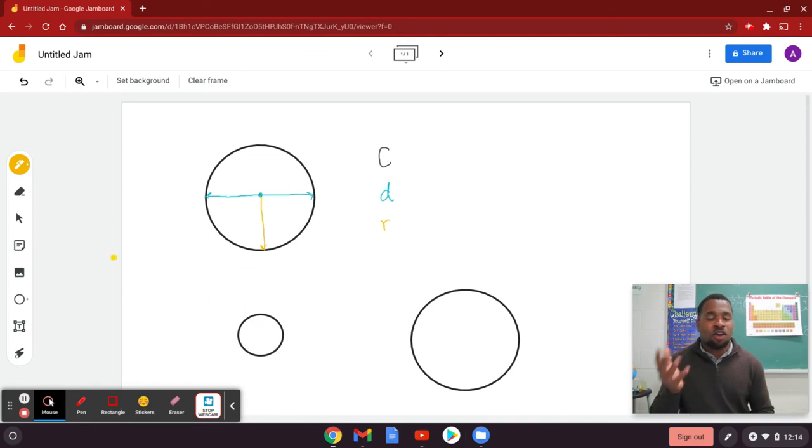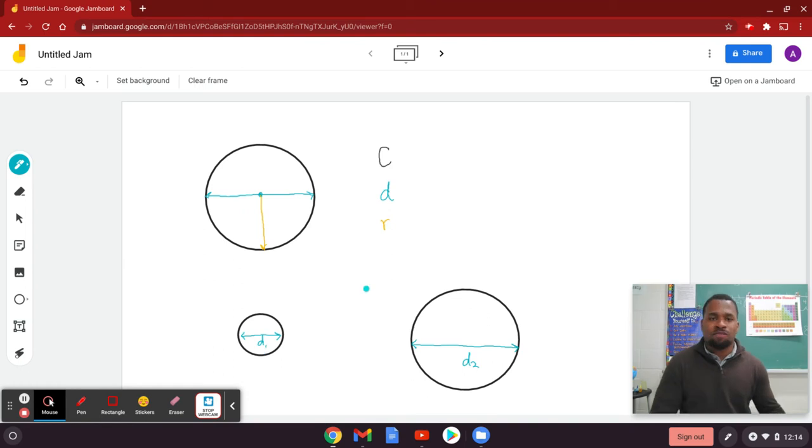When you have a small circle and a big circle, and we are given the diameter of both circles, this diameter is D1 and this diameter here is D2.